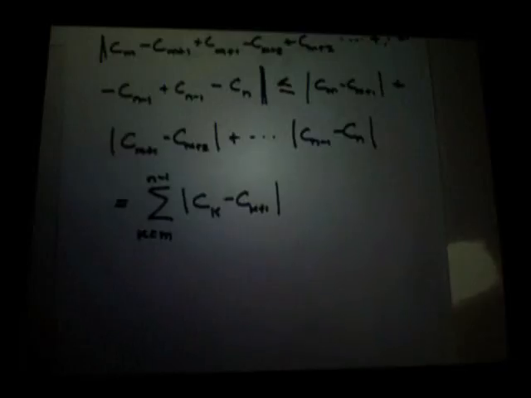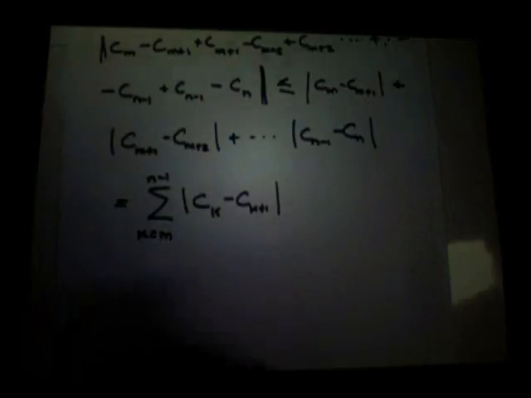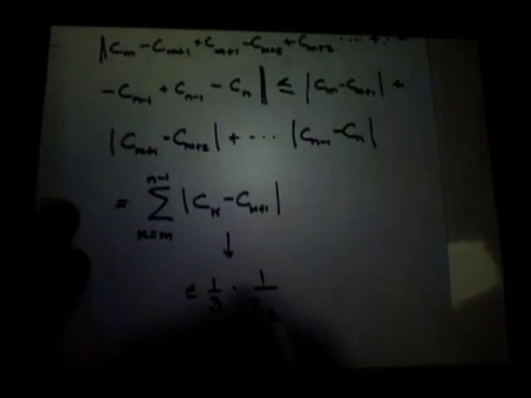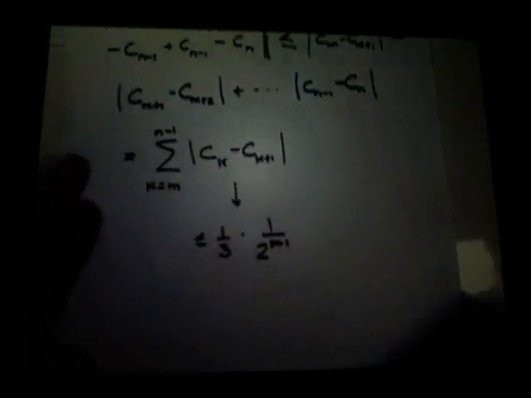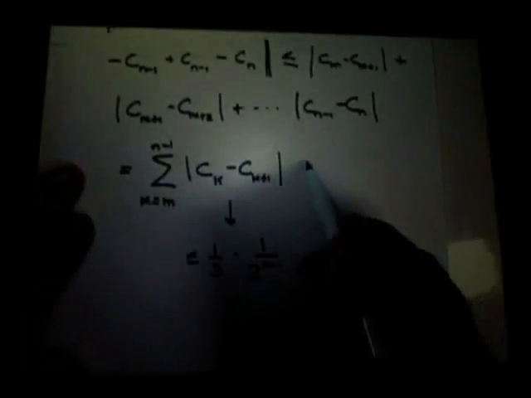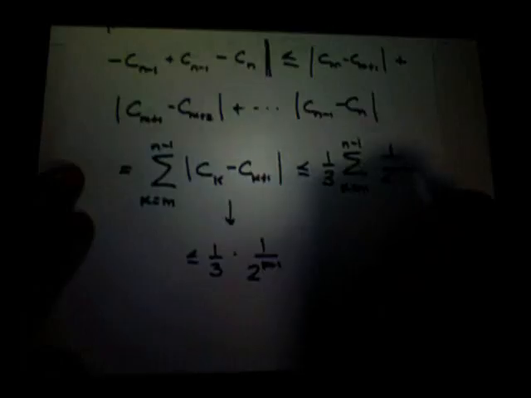So how do we get a handle on this? Well, look, he tells us that the difference between two of the adjacent ones is less than or equal to 1/3 times 1 over 2 to the higher power, k plus 1. True? So this thing itself is less than or equal to 1/3, which is uniform throughout, so I go from k equals m to n minus 1 of 1 over 2 to the k plus 1.